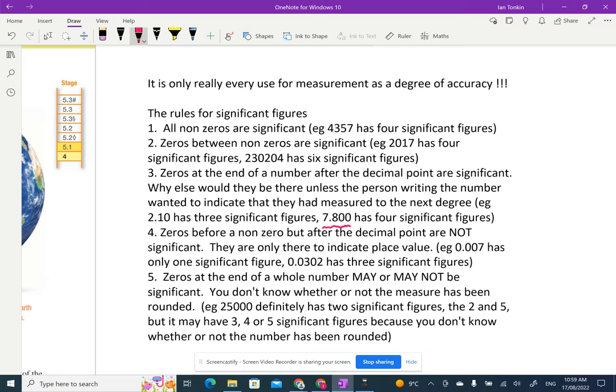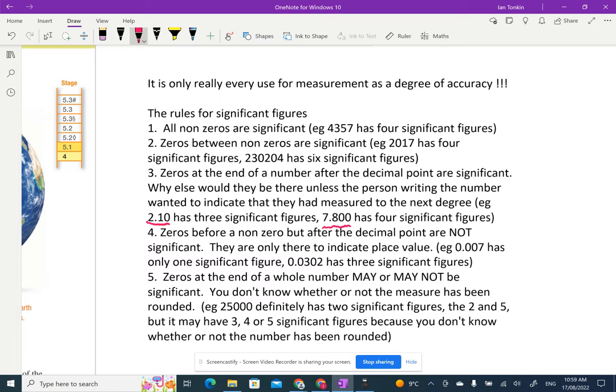So if someone's taken the time to write them down, it must mean they're significant in some way. It tells you that the person who wrote them down measured to that degree, to two more decimal places beyond the last one. So there are 4 significant figures.